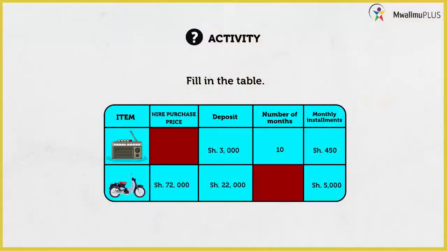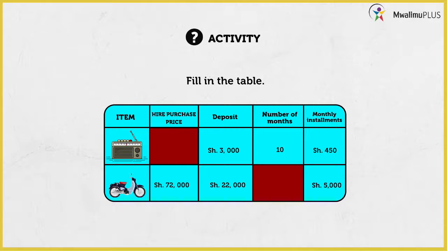Now today we want to look at the example, the assignment, the activity that I gave you. Here we go. I told you to fill in the table. Because I talked about a radio, I decided to give you a radio as an item that you could buy on hire purchase. Then something else is a motorcycle. On the radio part, you are supposed to work out the hire purchase price.